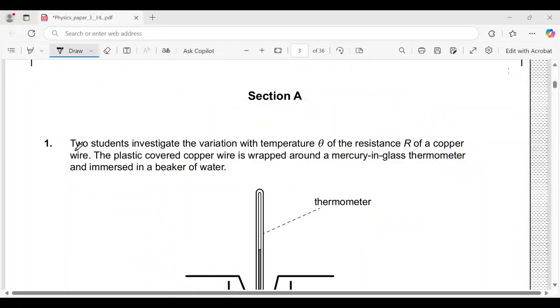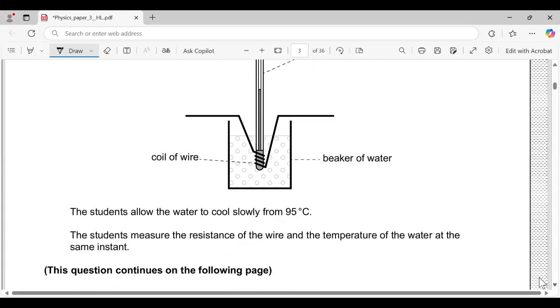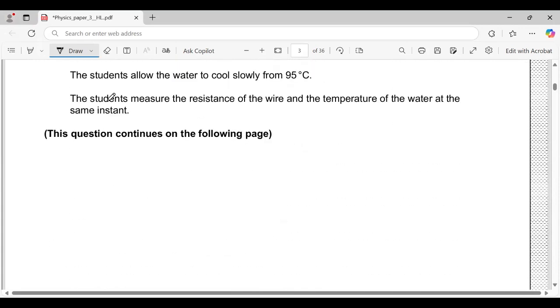Number one, the students investigate the variations with temperature theta of the resistance R of a copper wire. The plastic-covered copper wire is wrapped around a mercury in glass thermometer and immersed in a beaker of water. The students allow the water to cool slowly from 95 degrees Celsius.